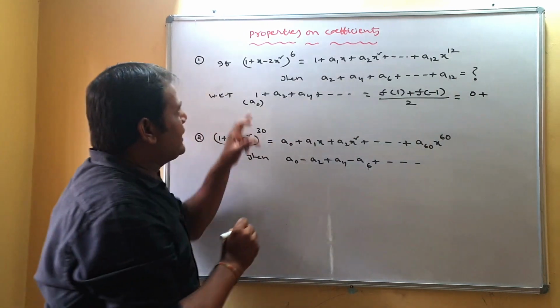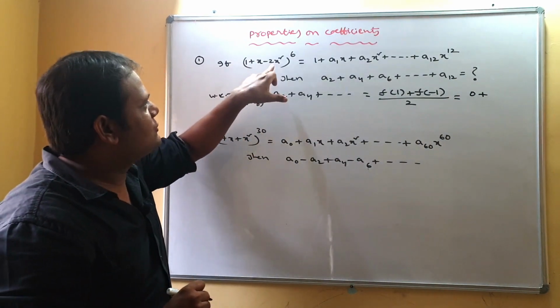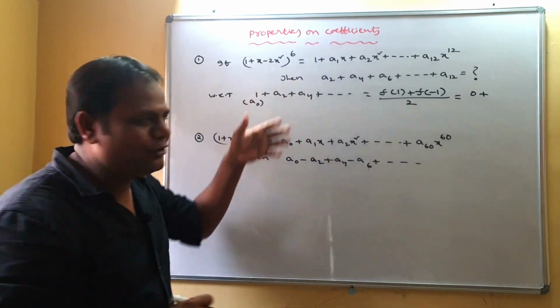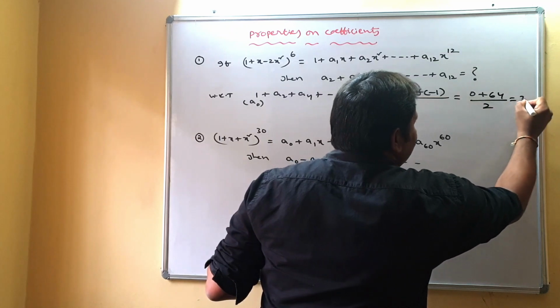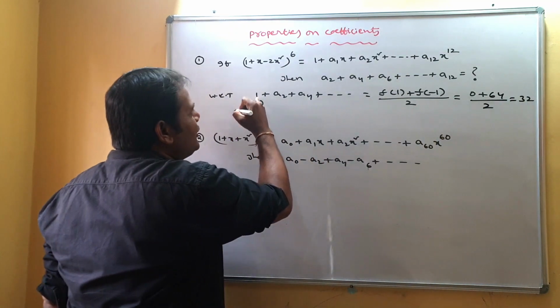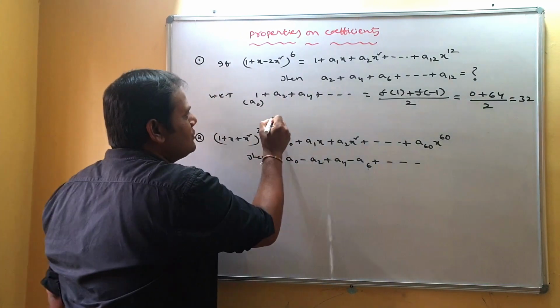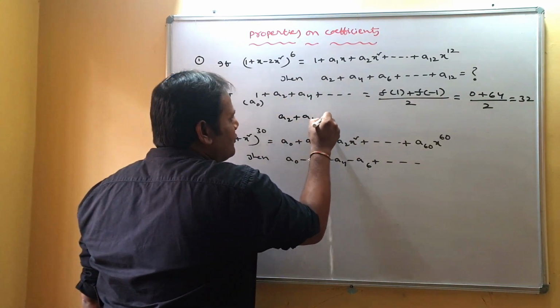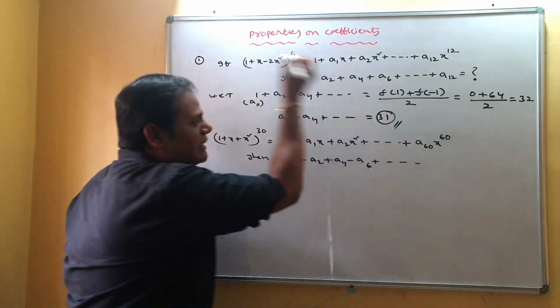What is f of minus 1? Take x as minus 1, cancelled. Here minus 2. Minus 2 whole power 6. Is it 64? Yes, so 64 by 2. What is it? 32. But we don't want 1 here. We want a2 plus a4 plus so on. So a2 plus a4 plus so on equals 32 minus 1. What is it? 31. Answer is 31.